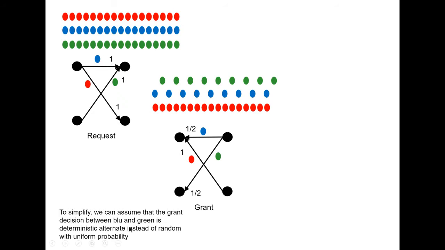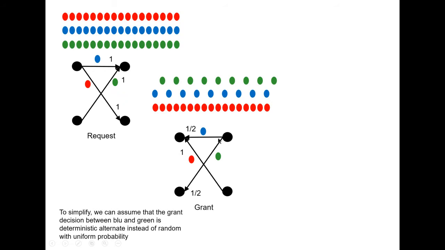So let's assume that the decision, instead of being random, is deterministic and alternates, instead of being random with a uniform probability, which is practically the same. So this is the request phase.